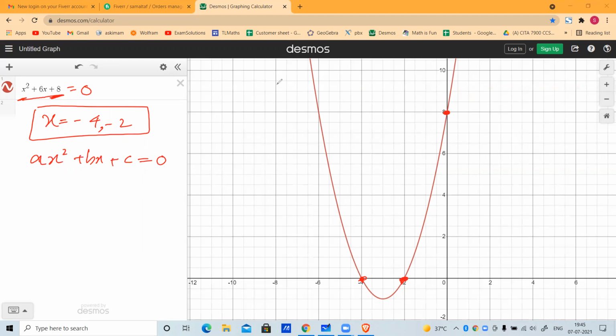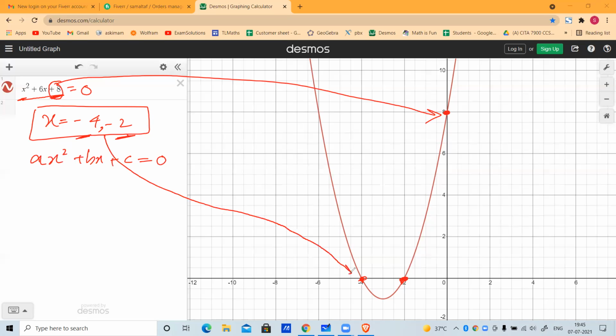This type of graph is called a parabola. And when you get this parabola, the constant at the end is always the y-intercept. And the answers you're getting are always the intersections on the x-axis.